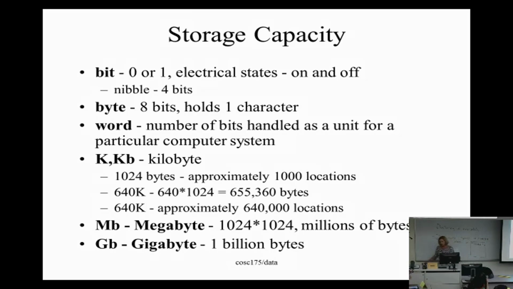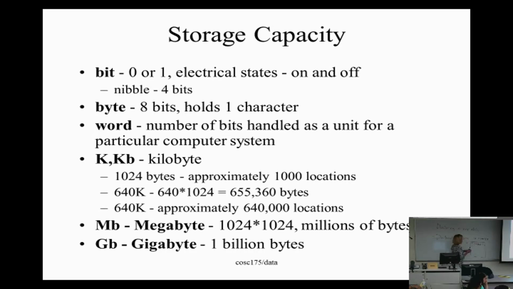If I turn an electronic device off, we have two states. We have on and we have off. So each bit in a machine has a 0 or 1 corresponding. 0 is off and 1 is on. So keep that in mind.